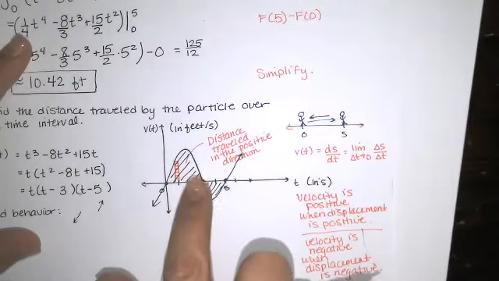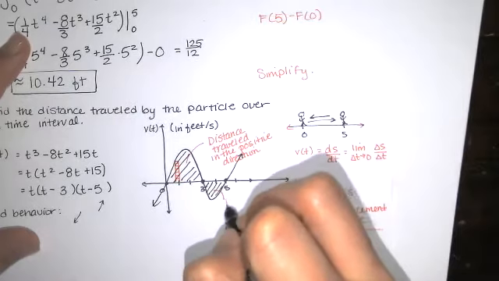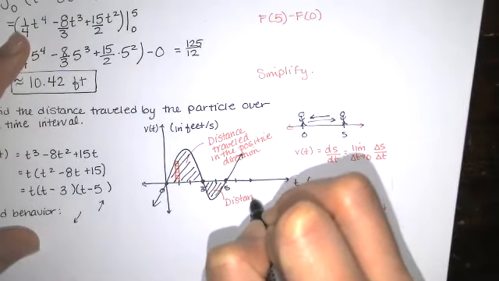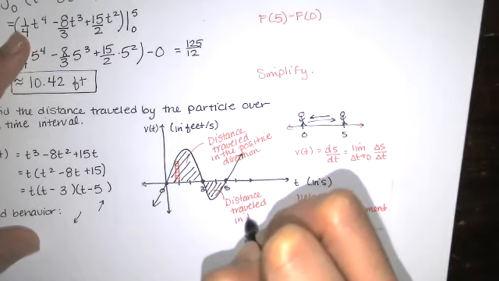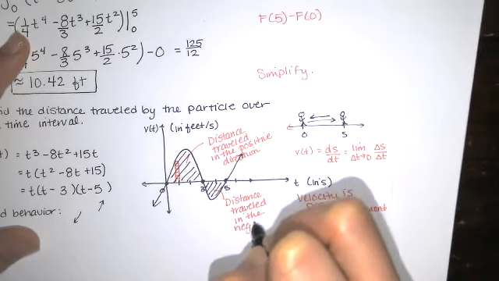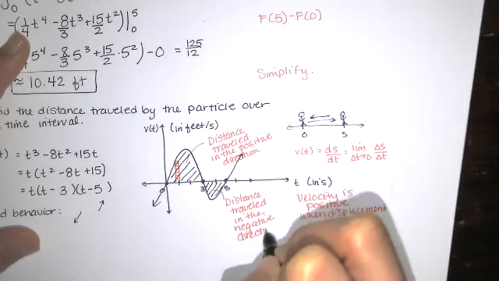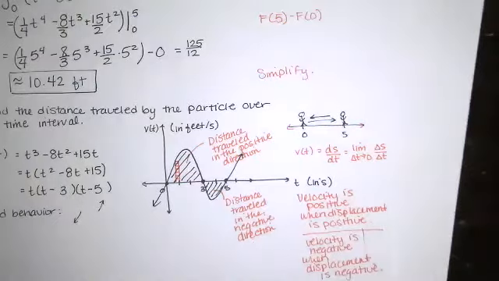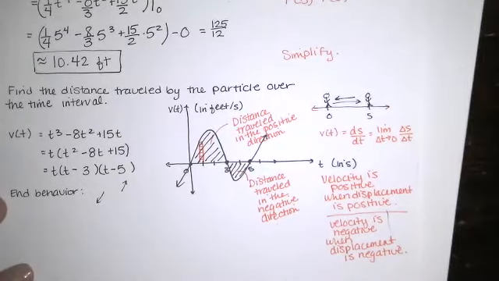If I want the distance traveled in the negative direction, I need to find this area. But instead of subtracting that area, I need to add it if I'm going to get the total distance traveled.